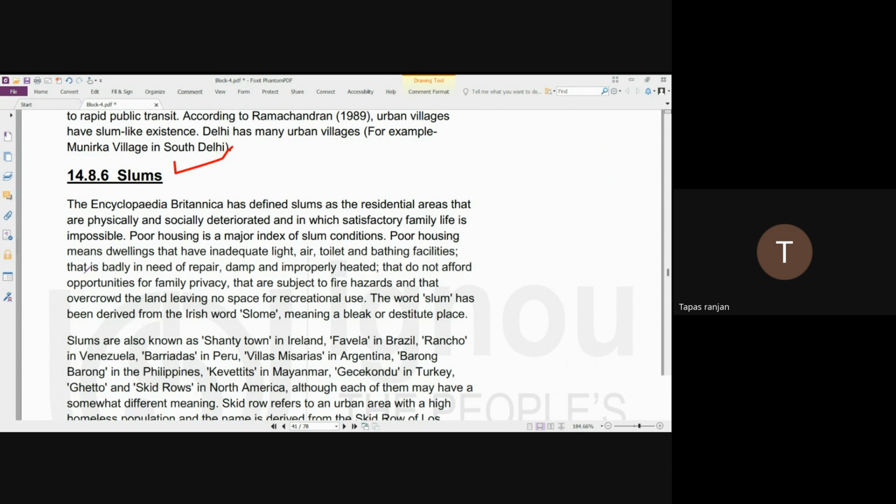Because the room rent in areas like Mumbai will be very high, he will prefer those areas which provide some kind of basic facilities, and they will stay there, and they will basically develop this kind of slums.